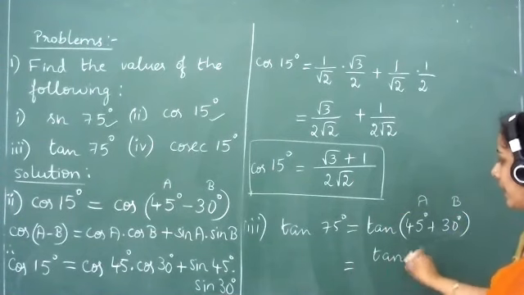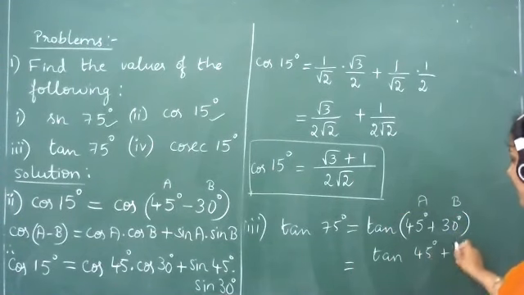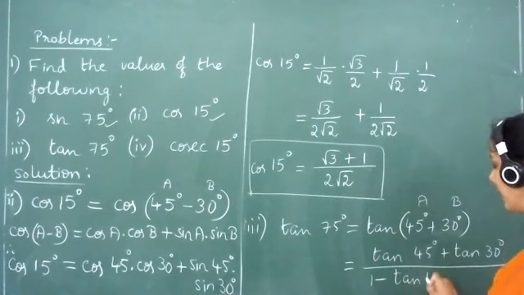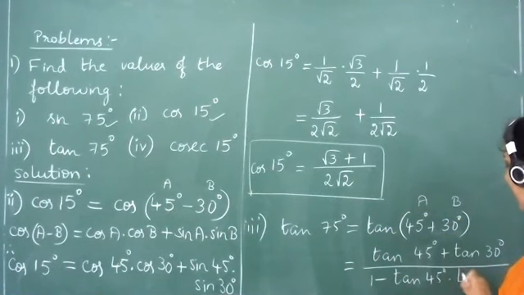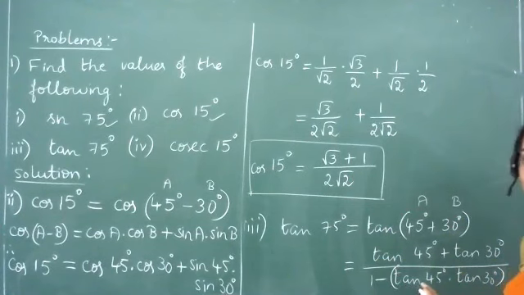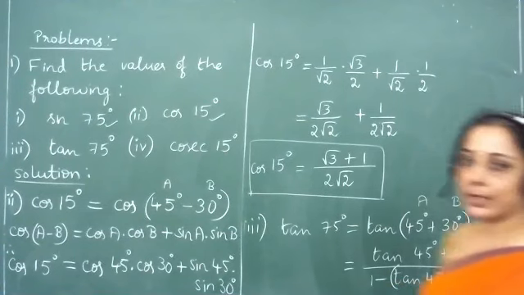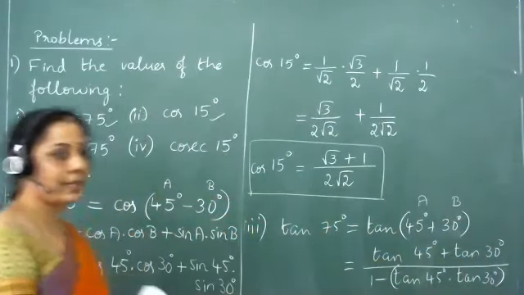It will be tan A plus tan B divided by 1 minus tan A into tan B. And because we have here A equal to 45 degrees, B equal to 30 degrees, the formula substitution will give us tan 45 degrees plus tan 30 degrees whole divided by 1 minus tan 45 degrees into tan 30 degrees.